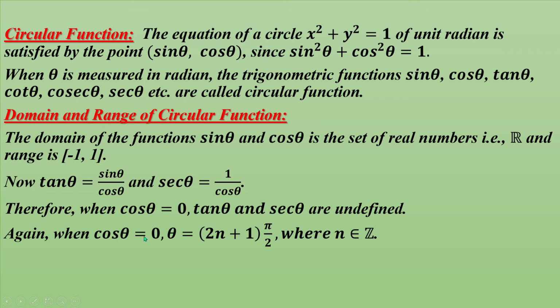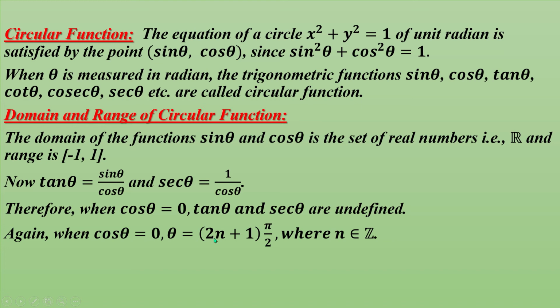Only for cos 90 degrees equal to 0? No. When you put any integer value of n here, for all those values of theta, cos theta is equal to 0.